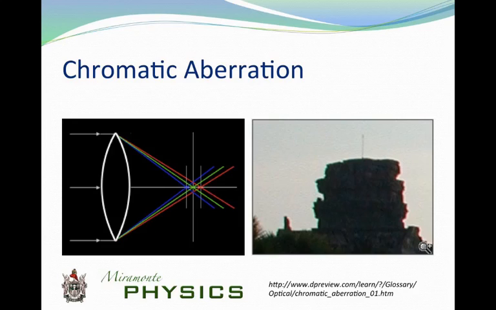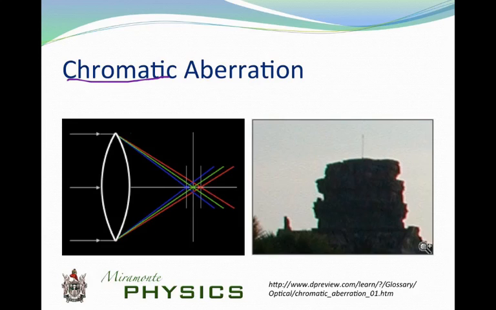Okay, chromatic aberration. Chrome, think like Kodachrome. That's the slide film that we used to use back when we didn't have digital photography. So chromatic means color. Chromatic aberration is what we're going to get with a lens as well. Now, when we were studying refraction, especially in the lab, we noticed that blue light bent more than red light. Blue light actually goes slower through glass or plastic than red light does, so it gets bent more.